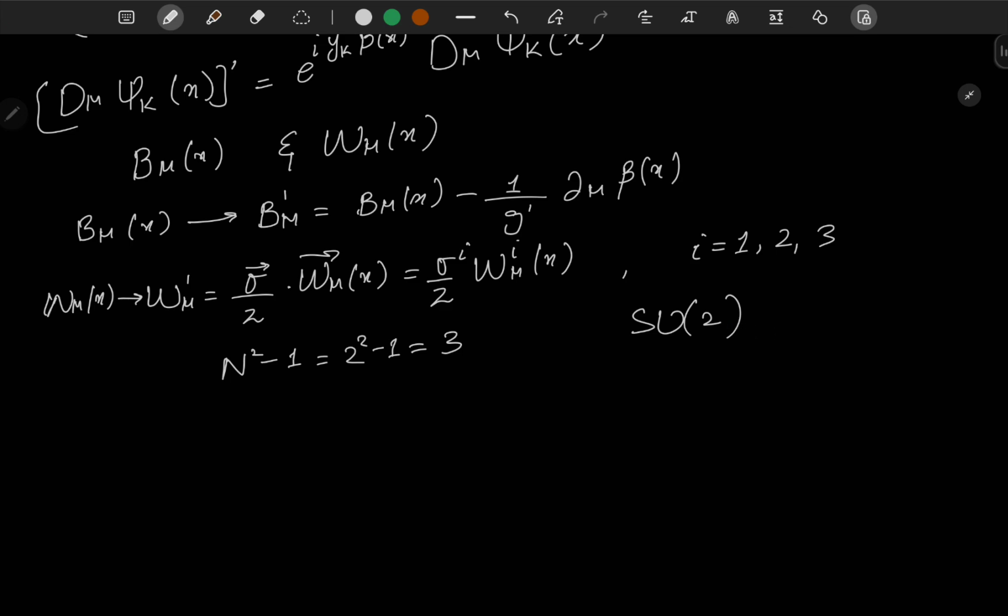So we have one field from psi 2 and psi 3, and 3 fields from psi 1. Basically we have a B mu, and we have 3 W mu i's, where i runs from 1, 2 and 3.